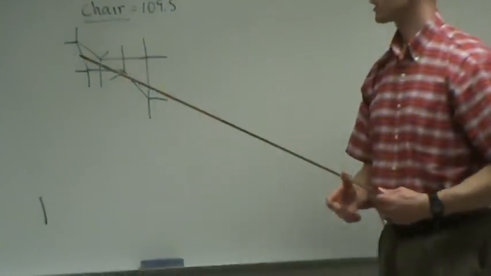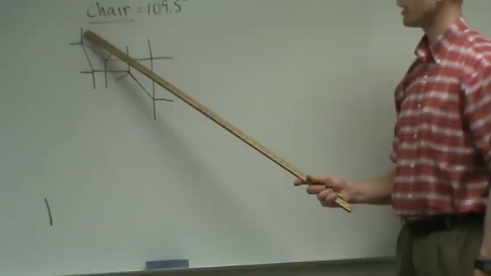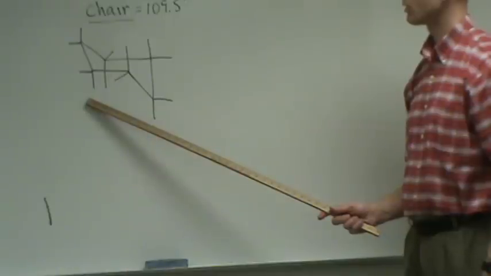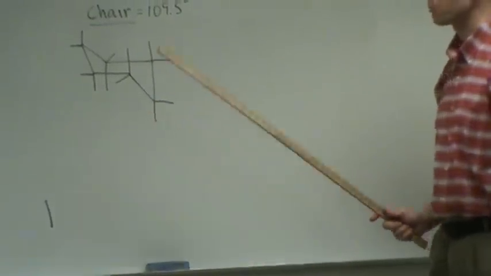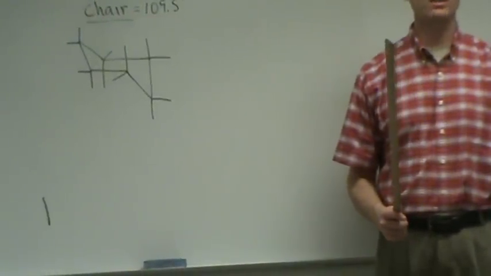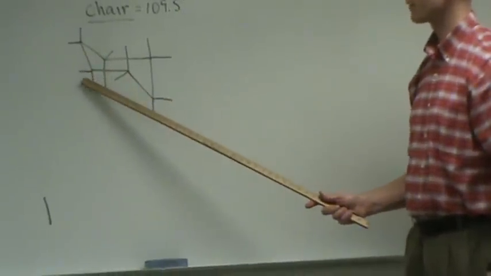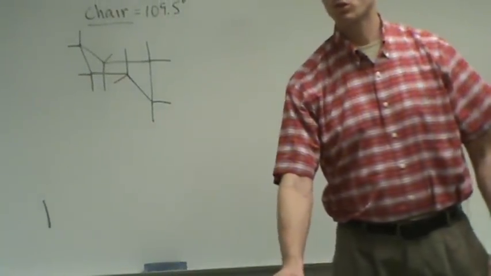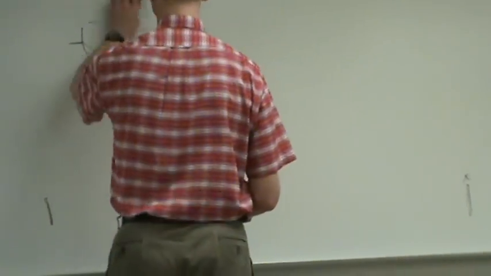Take a look at how I drew them: this one I drew straight up, then the next carbon went straight down. Then this carbon went back straight up, then this carbon back straight down. And the ones that aren't going up or down are always going out to the side. So you want to get used to drawing these, and the hydrogens are going right on these bonds.